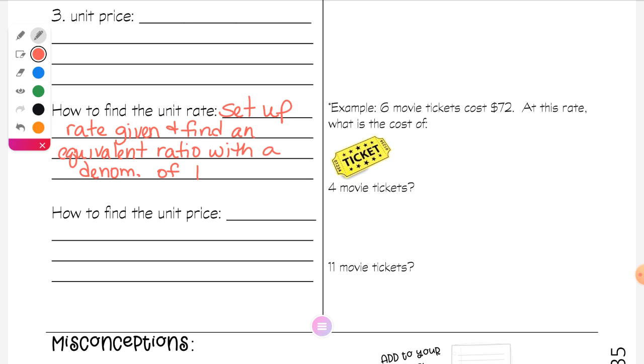For how to find unit price, I'm going to put same. Draw an arrow, but remember it's price over product.